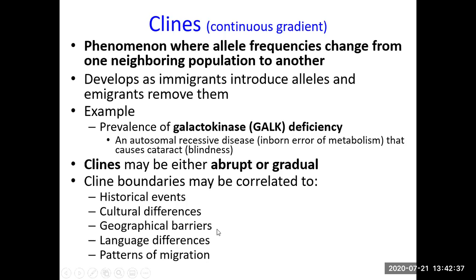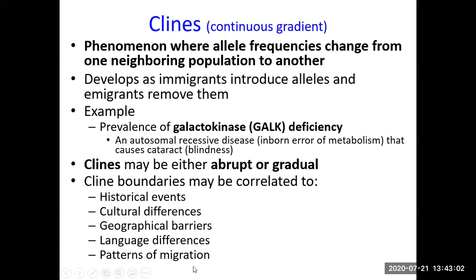So cline boundaries could be caused by historical events, okay? A war happened in those ancient days. War happened and this entire village was burnt and murdered. That's a very abrupt change. Cultural differences, geographical barriers, an earthquake happened, okay, and then prevented the people from two neighboring villages from mingling with each other, from interbreeding.